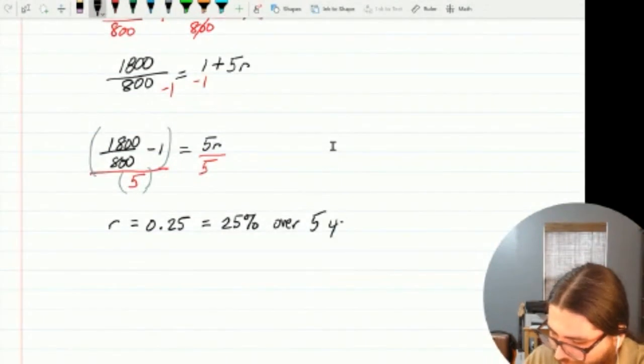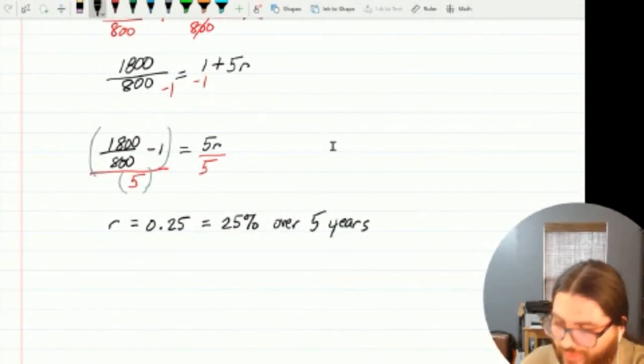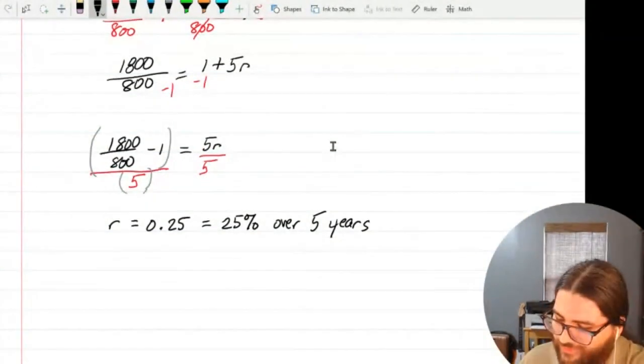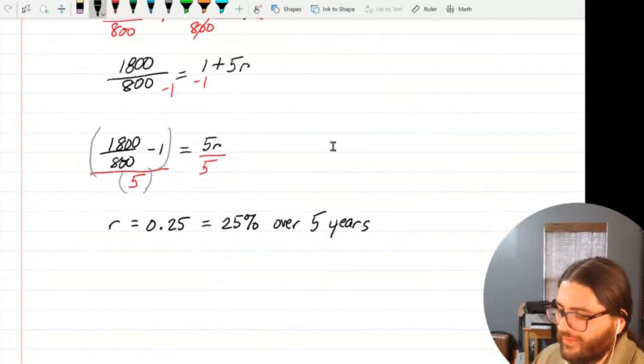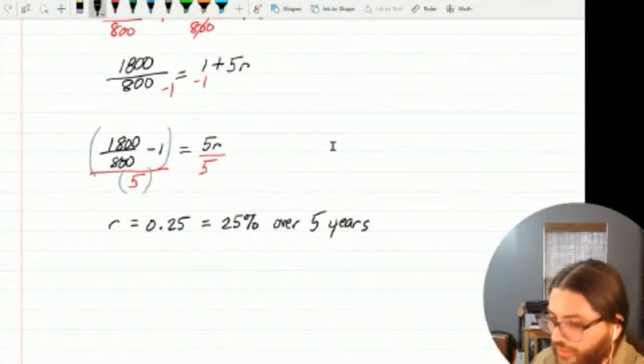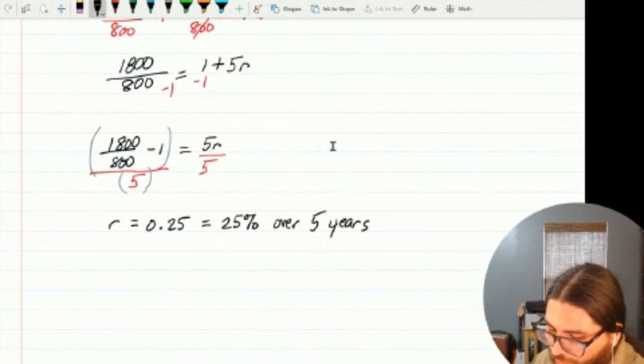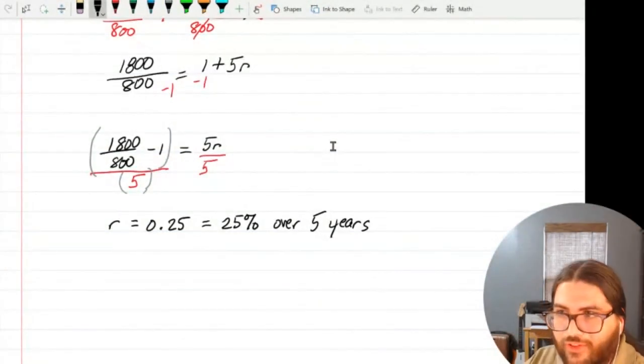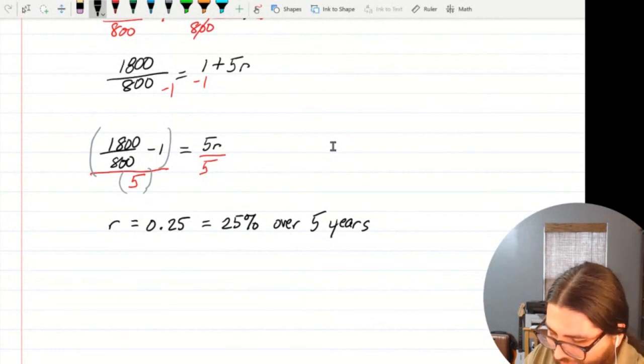Here's the tricky part, though. That's over 5 years. So if I were looking at just what's the total amount of growth over 5 years, the answer would be 25%, because it is. I ended up with 25% more than I started. Oh, wait, no. I already did the divide by 5. I was about to tell you to divide by 5.